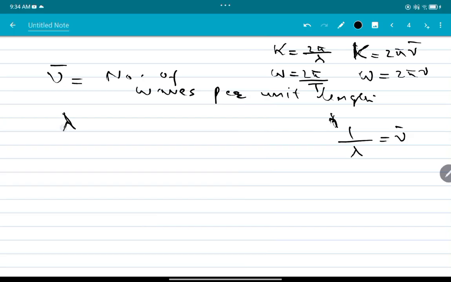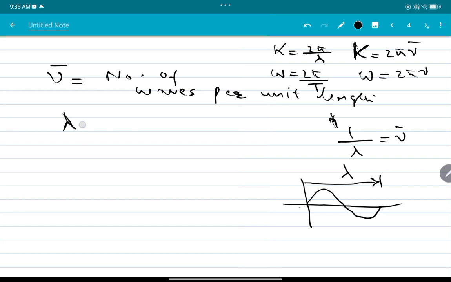Lambda contains one wave. You can see it here. This is lambda. We call it space period, just as we have time period. After time period, the wave repeats. After space period, the wave repeats. So it is the analog of capital T, the time period.